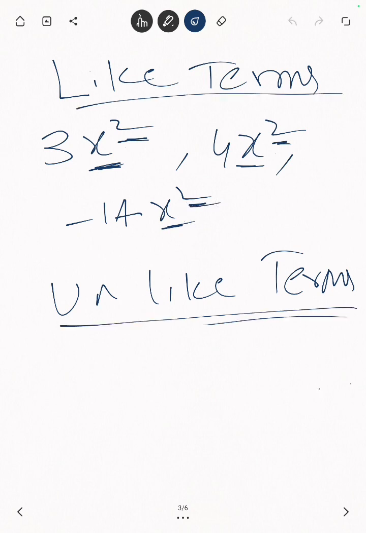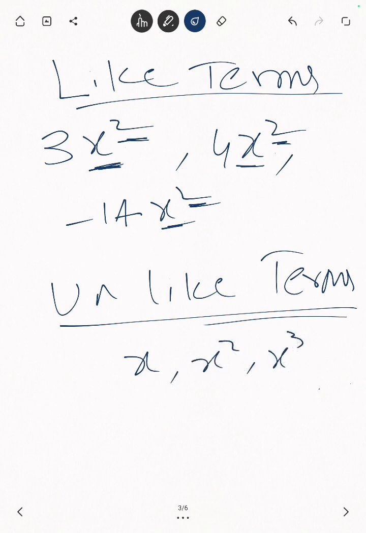And the next thing is unlike terms. They might be having the same variables, but the powers are different. They might be having the same powers, but the base, the variables are different. For example, x, x square, x cube.